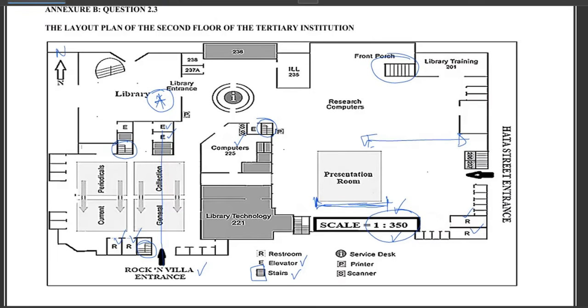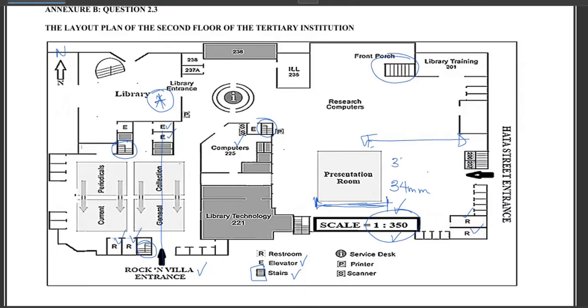When we measure this, we come up with a value which is 34 millimeters. By the way, 34 is what I got according to my ruler.